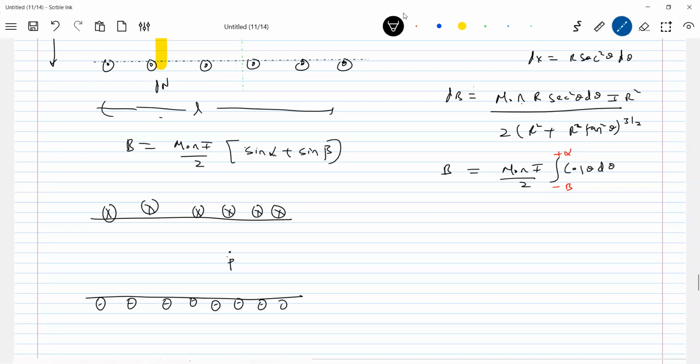For that, I'm going to define alpha and beta like this. To define alpha and beta, we take a vertical line. So here, alpha is this one, and beta is this one. And this dotted line need not be the axis.